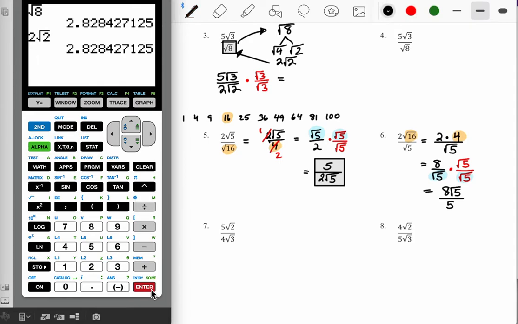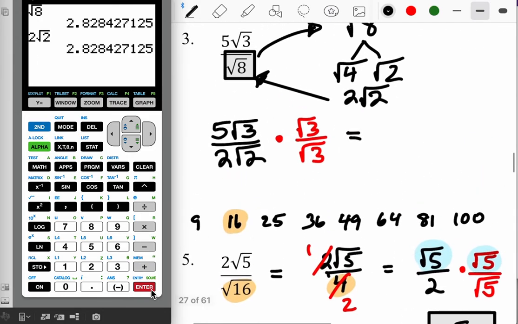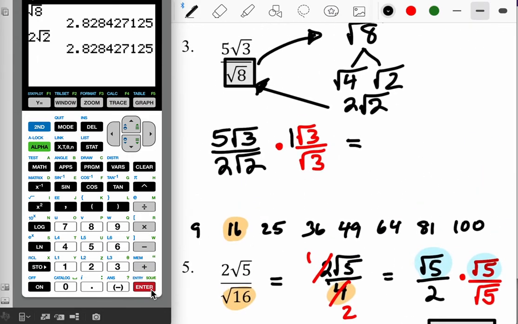The 5 in the numerator doesn't have a meaningful counterpart to multiply by, because there's that understood coefficient of 1. 5 times 1 is 5. But the radical 3's we can do something with. Radical 3 times radical 3 is radical 9, which is 3.